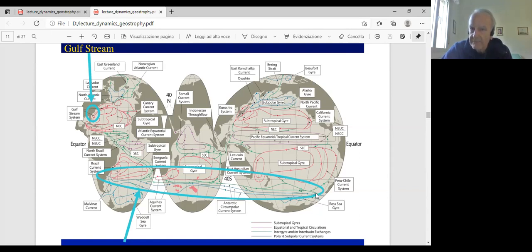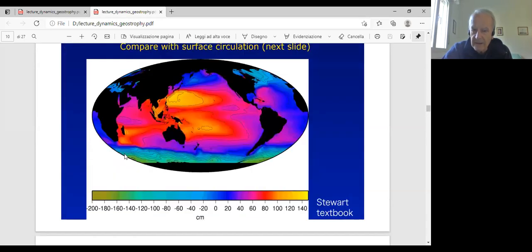And then there is something which extends all over the oceans, which is a very strong current running around Antarctica. Why do I say a very strong current?